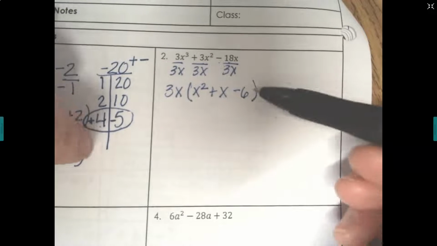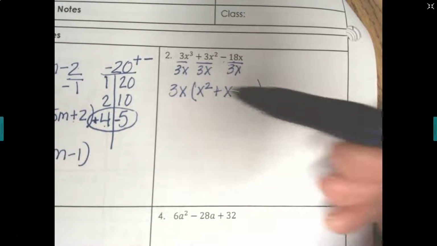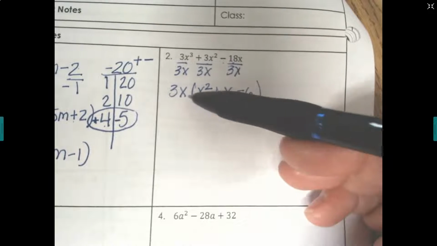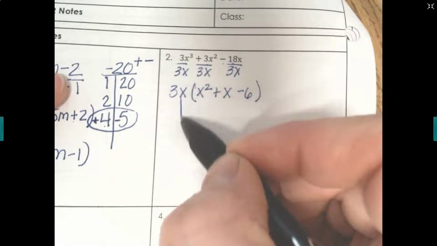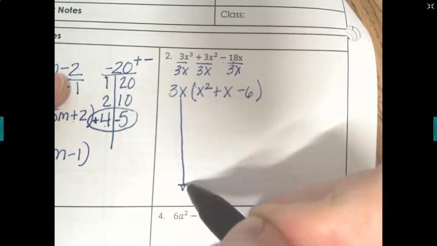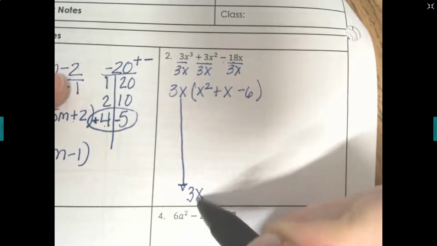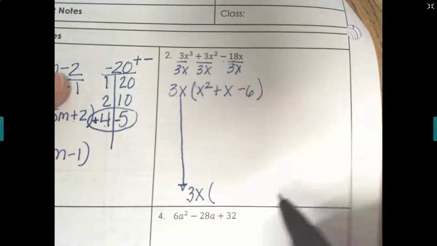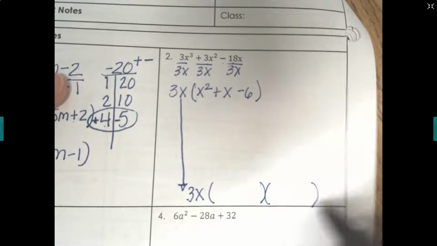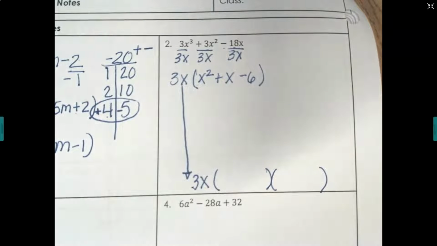What we need to factor, like we did over here on the other side, is just what's inside the parentheses. This 3x is a GCF. We will not need it again until the answer, so I'm going to put it down here where I'm going to write my answer, so I don't forget about it.